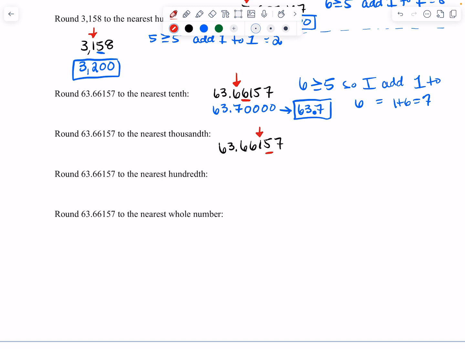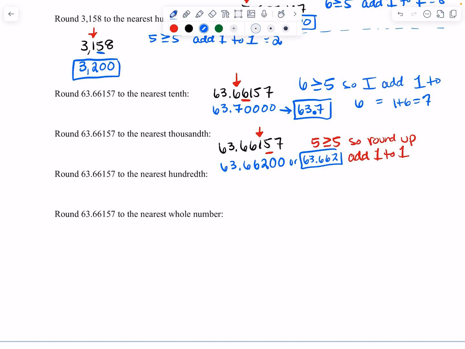I'm going to underline the value that falls in the next place value, which is a 5. 5 is greater than or equal to 5, so I'm going to round up. So I'm going to add 1 to 1, because that's in the thousandths position. So 1 plus 1 is 2. So that becomes 63.662. Again, you can put the zeros following it, or we could write it out as 63.662.